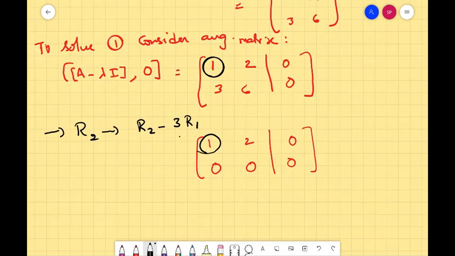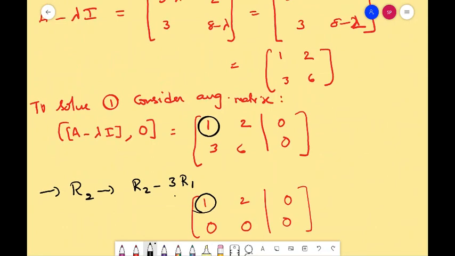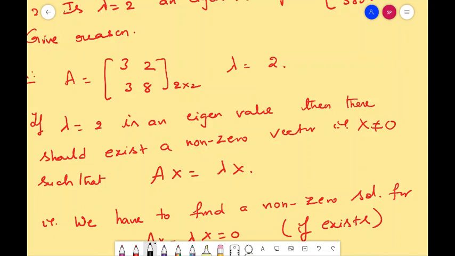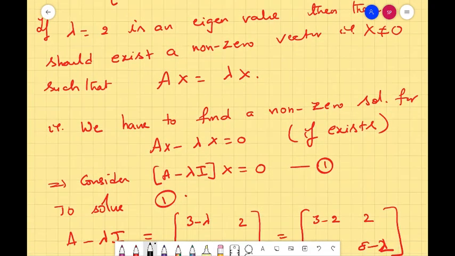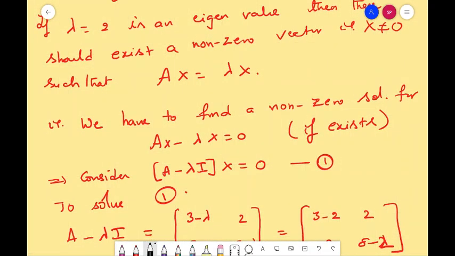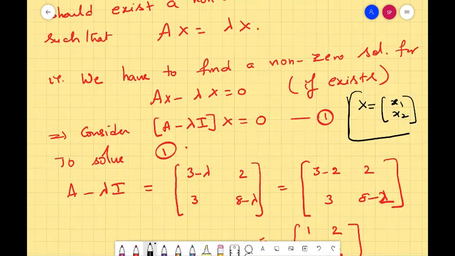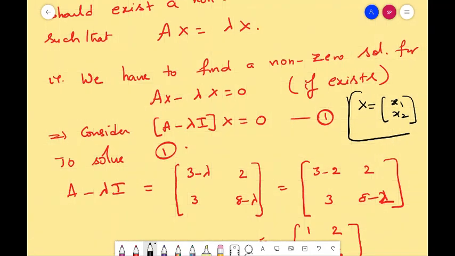So what is x for us here? A minus lambda I into x is 0, where x is equal to x1, x2. Why? Because A minus lambda I is a 2 by 2 matrix, which is multiplied with x1, x2.